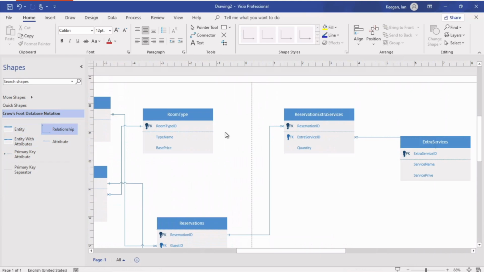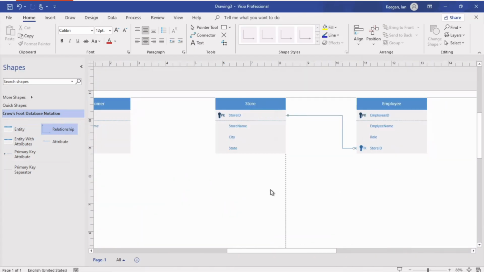And then the extra services and the reservation extra services tables are connected. Each extra service, for example spa, can appear in many reservation extra service records.